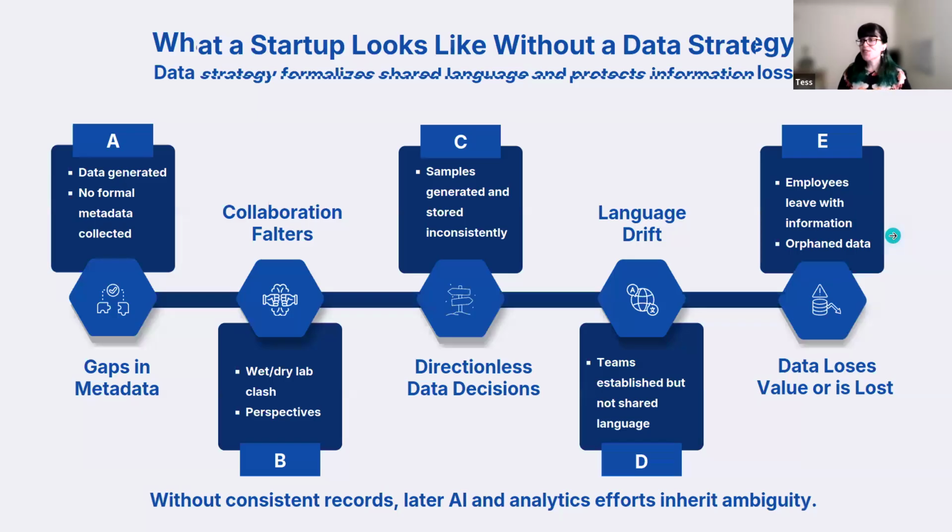So in the beginning, it's always really exciting when you start your lab, you get your first employee, the data starts getting generated, and a lot of what you record is based on the scientist or the researcher that is hired. So if we don't have a data strategy in place, we start having gaps in our metadata. We're not necessarily recording everything that we need if we're not thinking far enough ahead into the future.